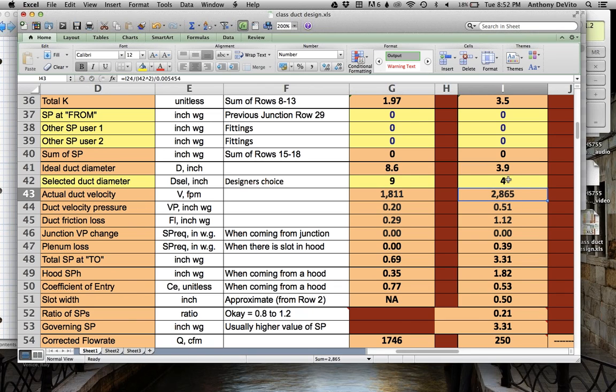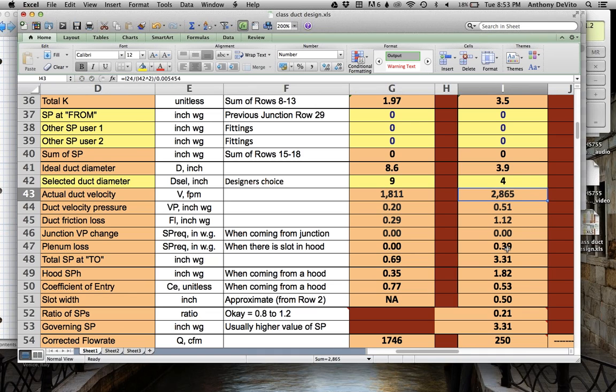Okay, now 4 inches is a little bit bigger than that, but it's pretty close to 3,000, right? In other words, you have to make the choice here of what the actual duct diameter is. It tells you it should be 3.9 inches if you want exactly the right duct size. But you have to choose, is it going to be 3, which would give you 5,000 feet per minute, and a really big static pressure drop, 10 or 11 inches.